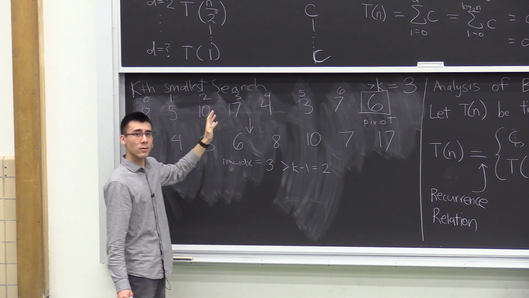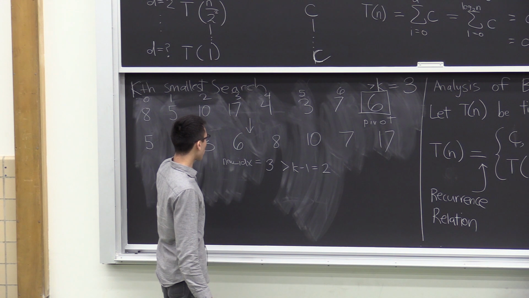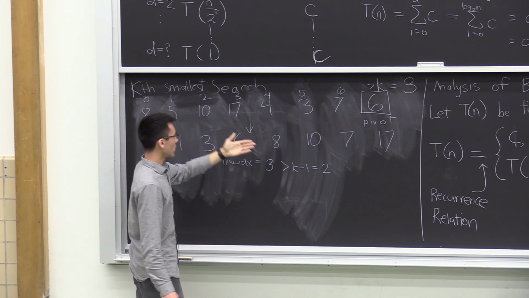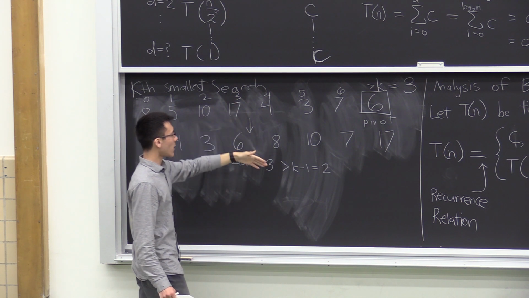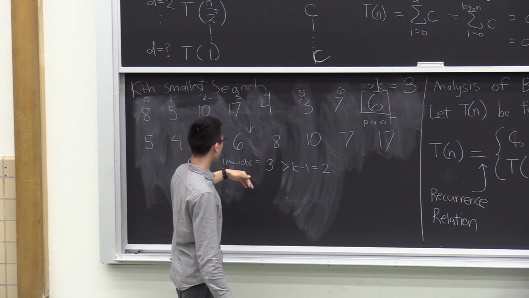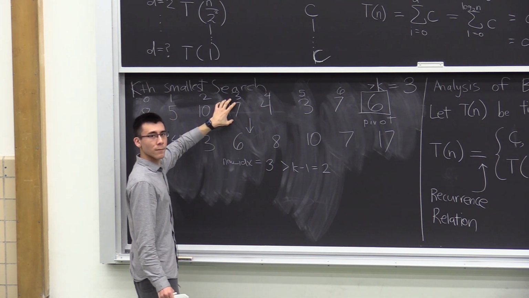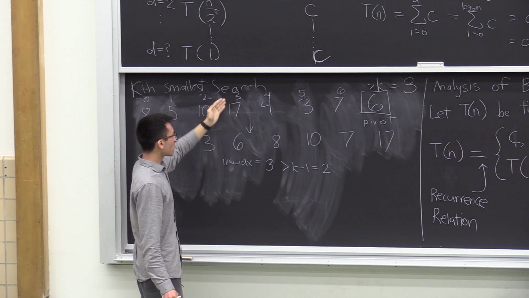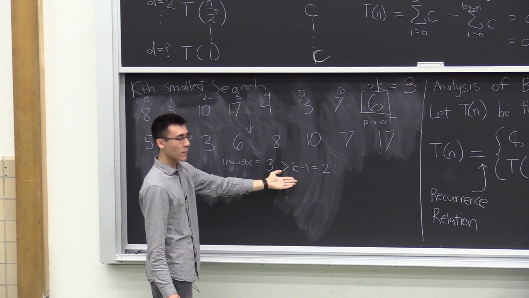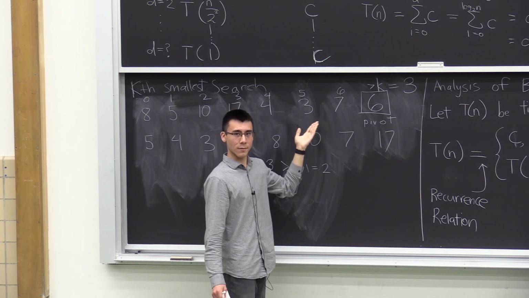If it was the other way around, let's suppose k happened to be 5 instead. We wanted to find the 5th smallest element. We would compare: 3 is smaller than 5 minus 1, which is 4, and we would know to look to the right of the array instead.